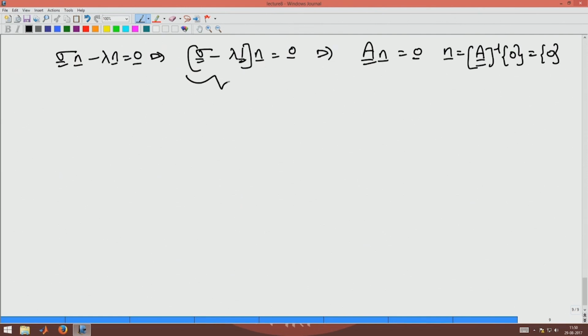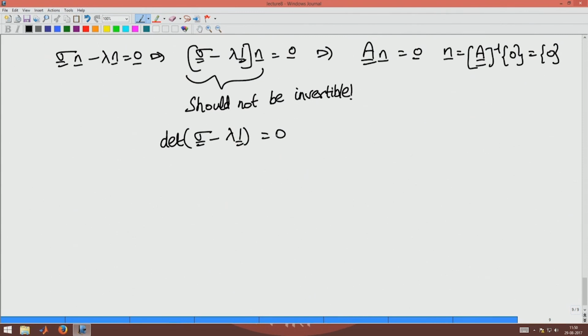So, this is not what I am looking for. This matrix should not be invertible. That means the determinant of sigma minus lambda times identity must be equal to 0.